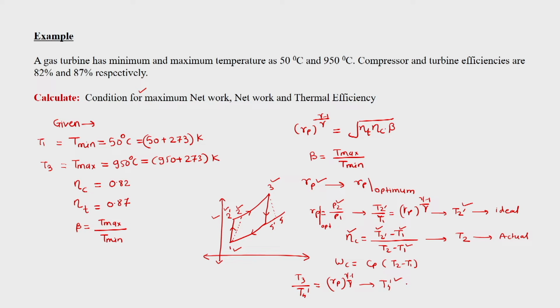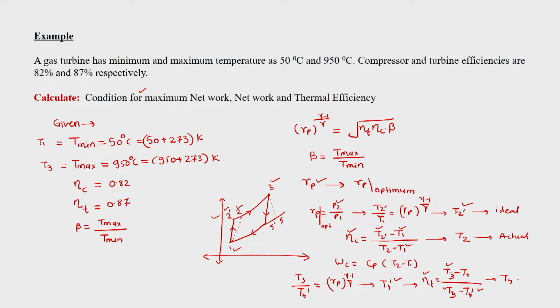Once T4 dash is known, then we can use the formula for turbine efficiency, and turbine efficiency is actual work, T3 minus T4, divided by ideal work, which is T3 minus T4 dash. So, in this formula T4 dash is known, T3 is known, turbine efficiency is given, then we can find out T4.